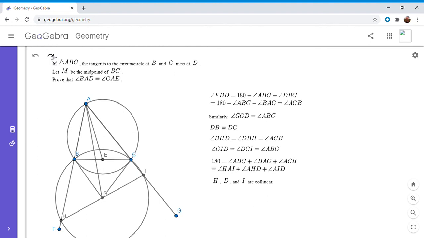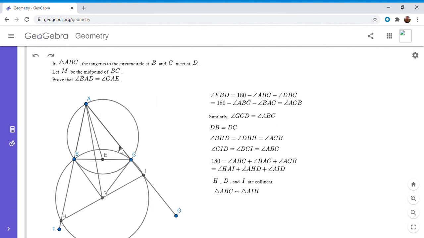So H, D, and I are collinear, and we also see that triangle ABC has to be similar to triangle AHI, but inversely, due to all these angle equalities I mentioned, because BHD is equal to ACB, and CID is equal to angle ABC.